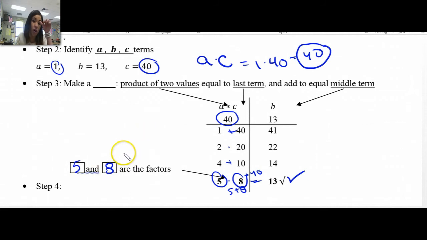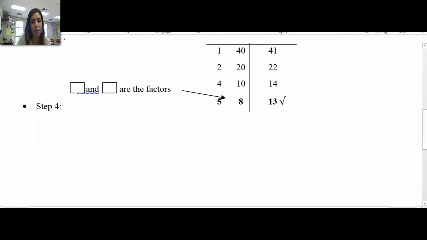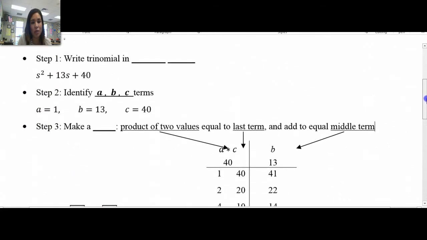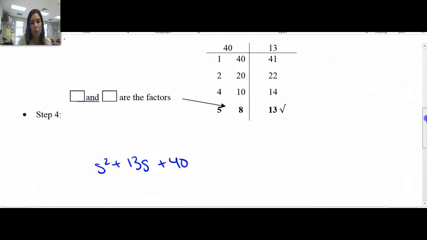And those are our factors that are going to be super important because we're going to use them to rewrite the whole thing. So once I found those two factors, I'm now going to rewrite everything. The original is s squared plus 13s plus 40. What am I going to do now? I'm going to use that to help me solve.